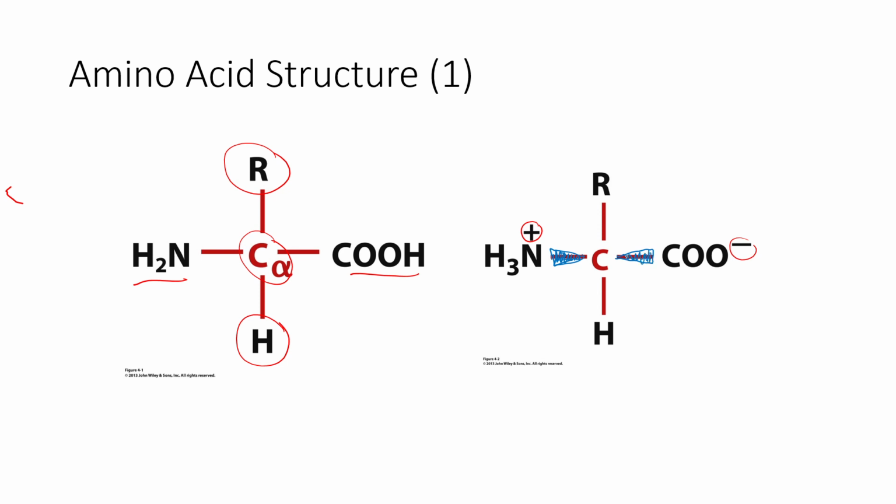And the bonds that are drawn vertically are actually dashed lines, so these bonds are pointing away from you. And this hopefully gives you a better idea of what a three-dimensional amino acid would look like based on the orientation around that alpha carbon.